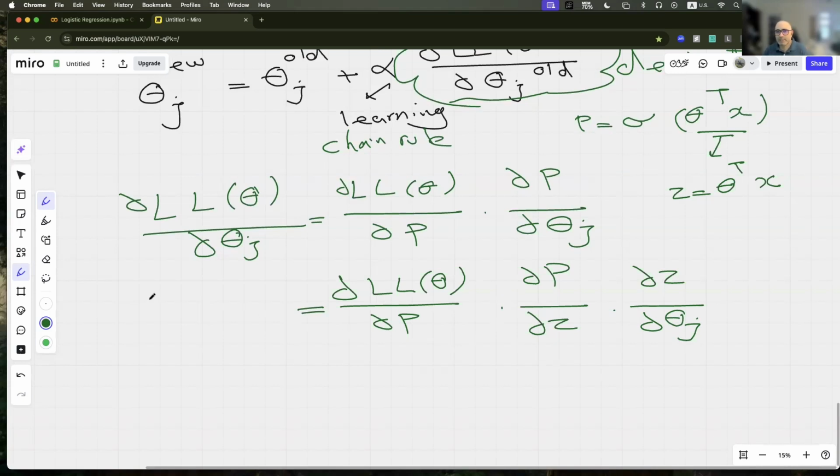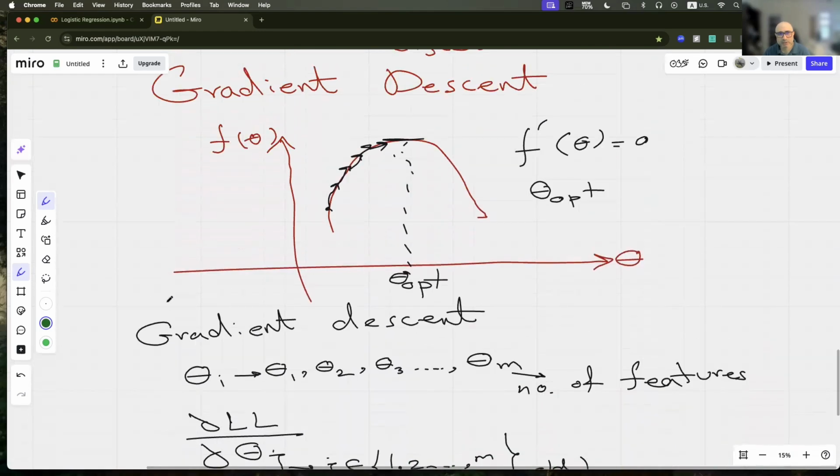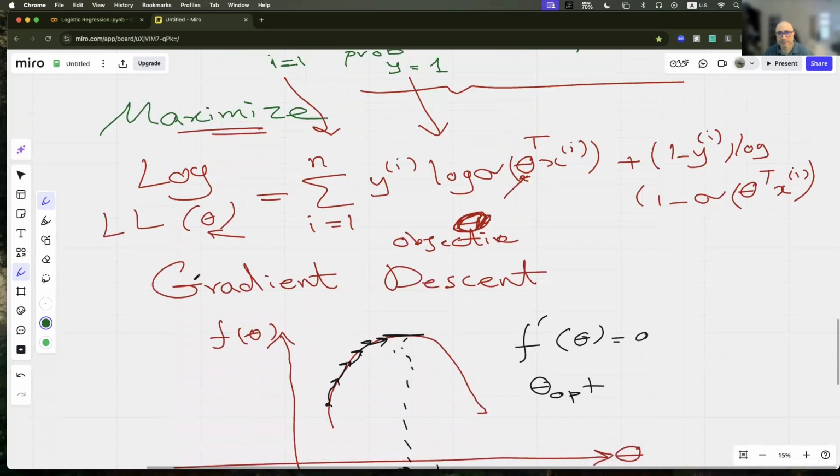For any sample, I look at the log likelihood we have here, and we add them up. So I can take the derivative for one sample, and these are different for each sample, and we take the summation.